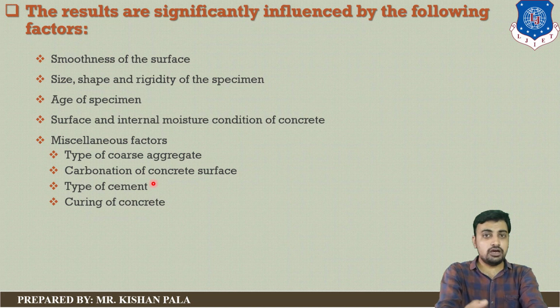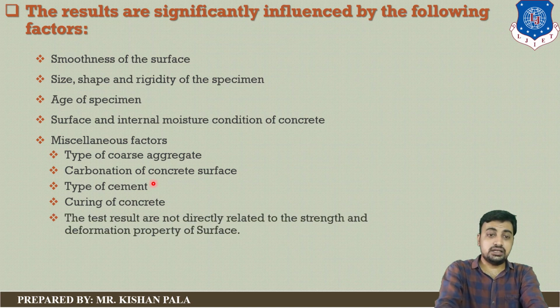For example, if you are measuring at the end of 3 days of curing, this will give you a particular rebound value, and at the end of 28 days, this will give you a higher rebound value compared to 3 days of curing of the concrete mass. Next one is that the results are not directly related to the strength; deformation properties on the surface are also affected, which affects the rebound value or strength of the concrete mass.